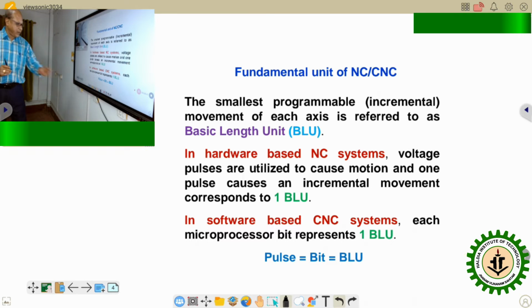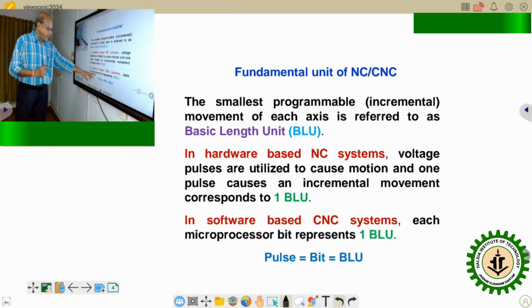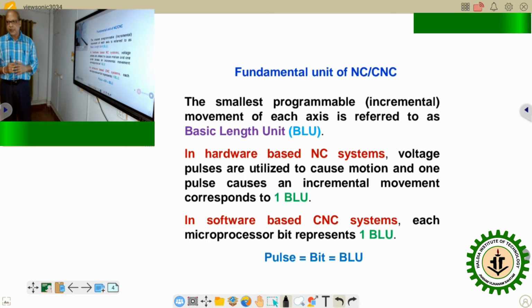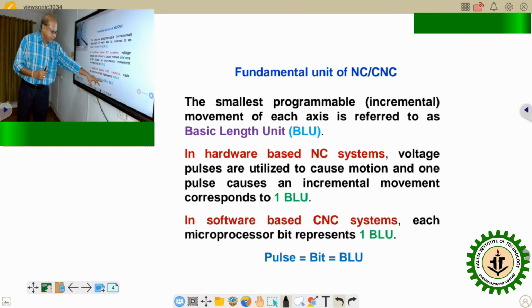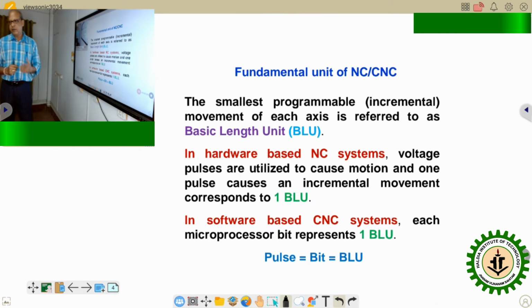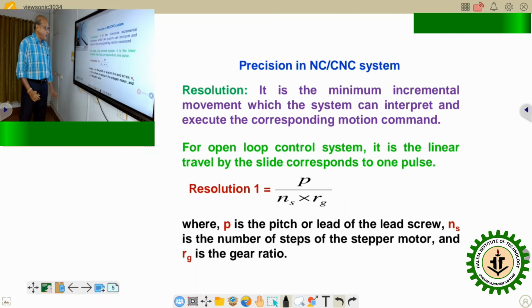Keeping that in mind, we can have a general expression. In hardware based NC, one pulse leads to the realization of one basic length unit, and similarly in case of CNC, one bit will be representative of the corresponding basic length unit. Now we move to another way to define the basic length unit.